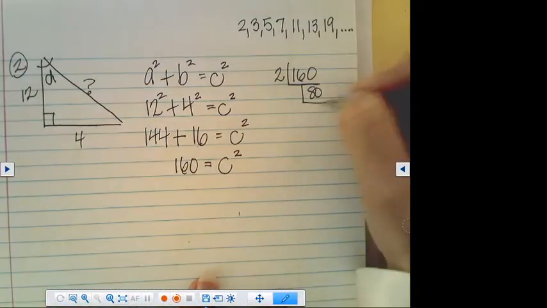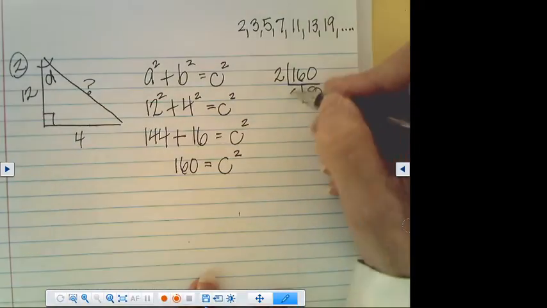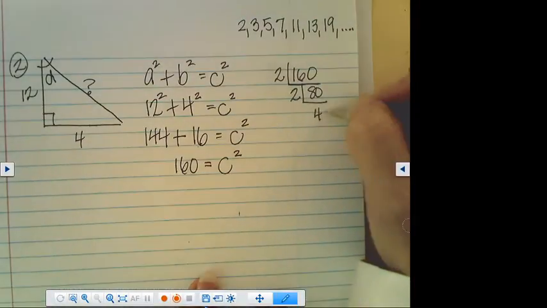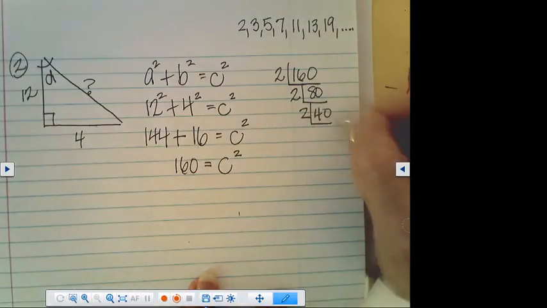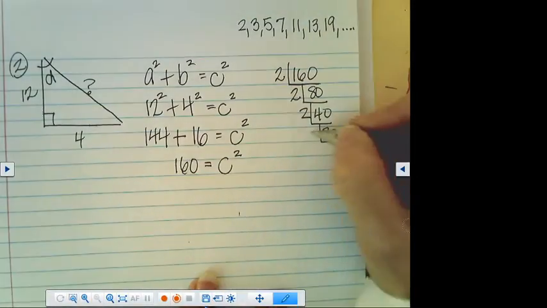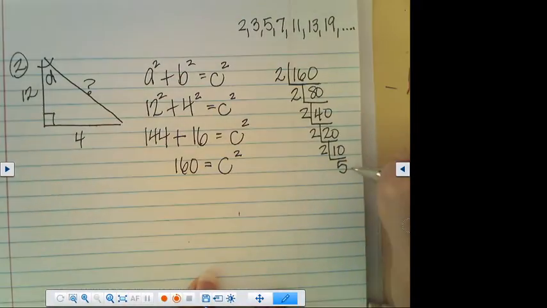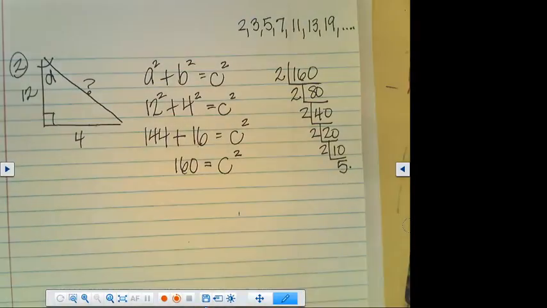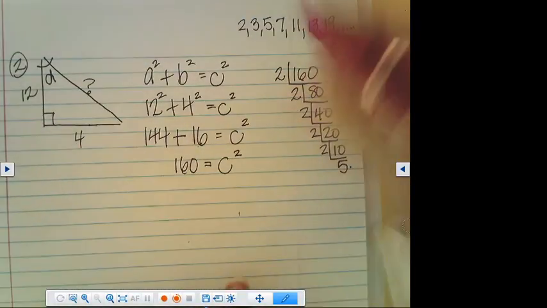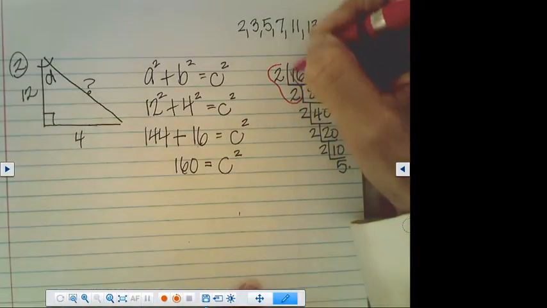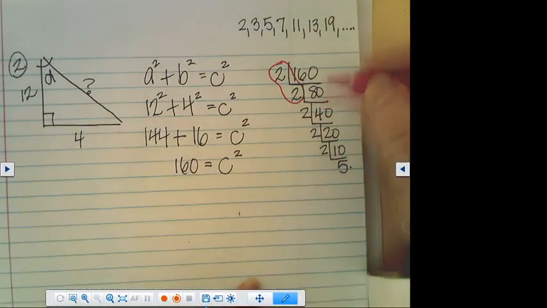As long as you can use 2, then 40. 2 again, you get 20. 2 again, you get 10. 2 and then 5. The process is done when you get a prime, and 5 is prime. Now, the point of all of that is so that you can locate the pairs. Perfect squares are pairs. There's a pair of 2's.